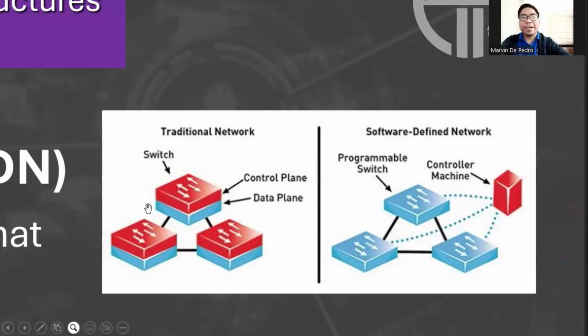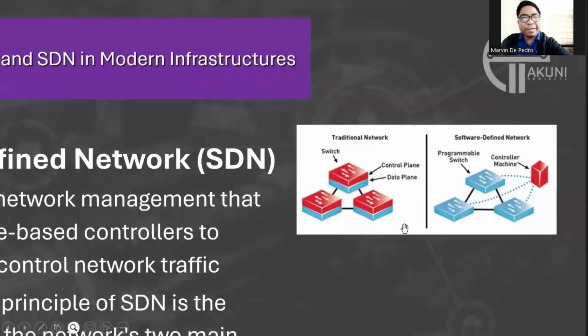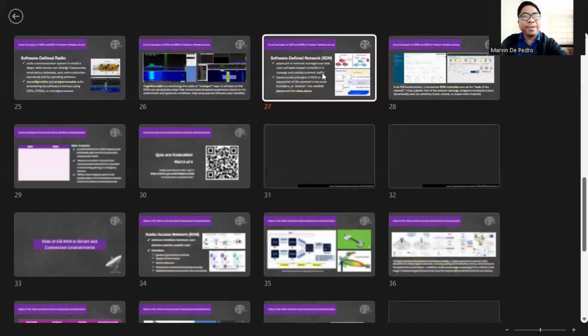All the control planes can now be gathered and collectively managed in just one interface, leaving us with the data plane still independent. Okay, so that's a brief overview of SDN.